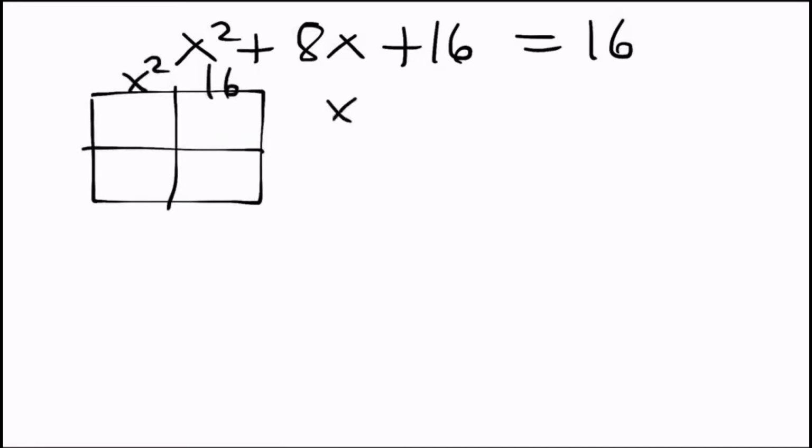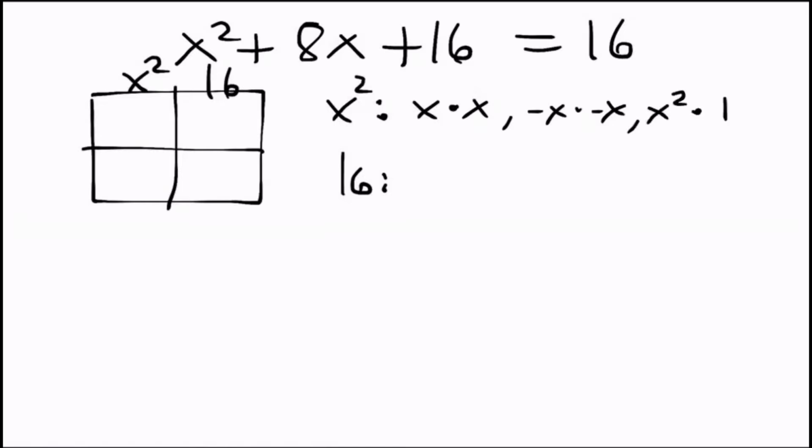For x squared and 16, we will be thinking about two numbers or two letters that if we multiply them, the answer is x squared, or the answer is 16. For x squared, we have x times x, negative x times negative x, x squared multiplied by 1, or negative x squared multiplied by negative 1.